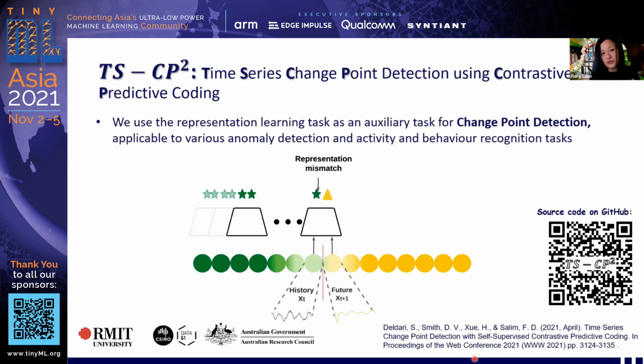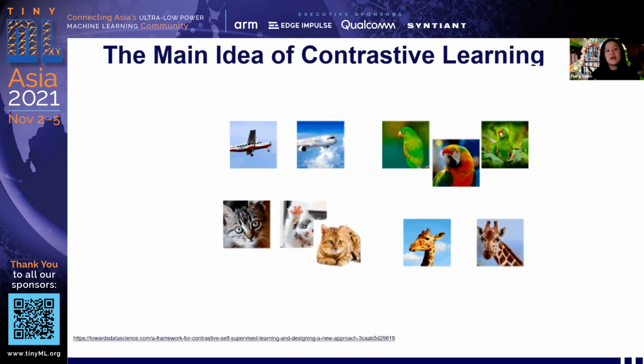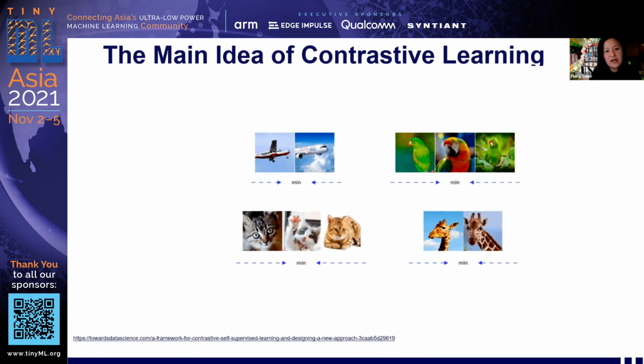Therefore, we introduced something newer, just published earlier this year, where we use contrastive predictive coding, which is a specific type of contrastive learning, which is a type of self-supervised learning. This means we don't need any labeled data, but we treat it as if it is a classification problem. So again, for the change point detection problem, we adopt the idea of contrastive learning.